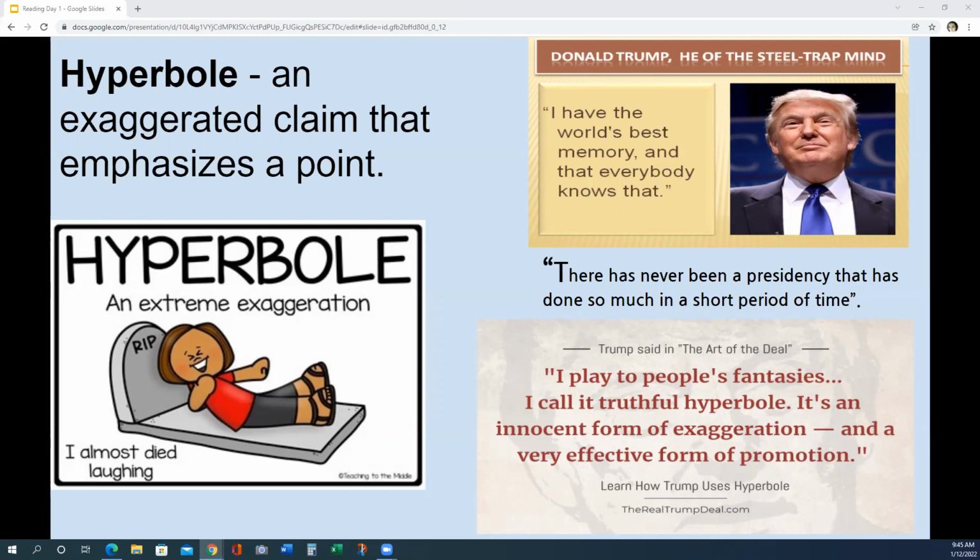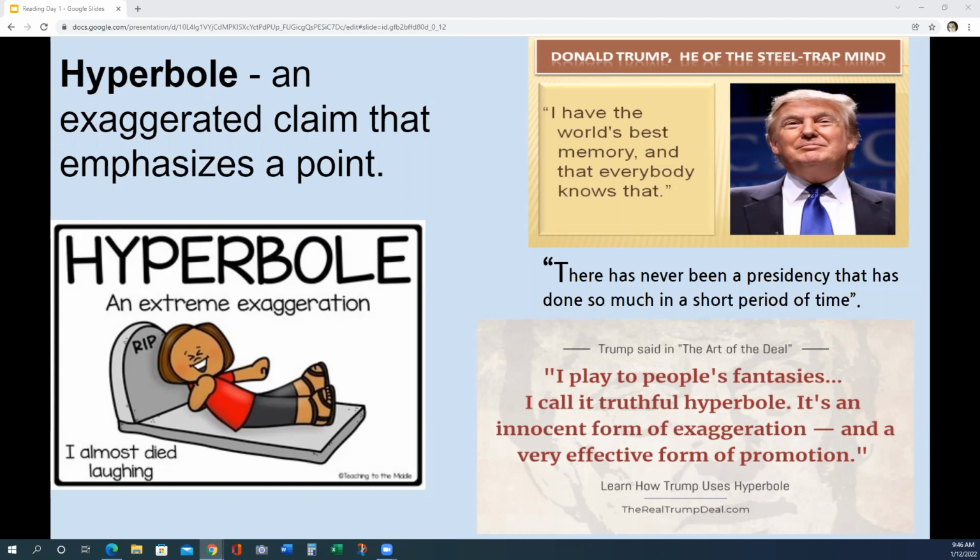Donald Trump, he was notorious and still is for using hyperboles. Everything that Donald Trump described about himself, his team, it was always exaggerated. It's always, I have the world's best memory, and everybody knows that.